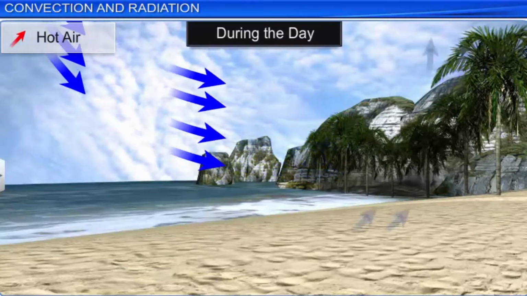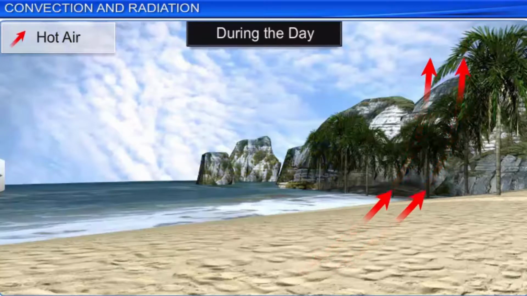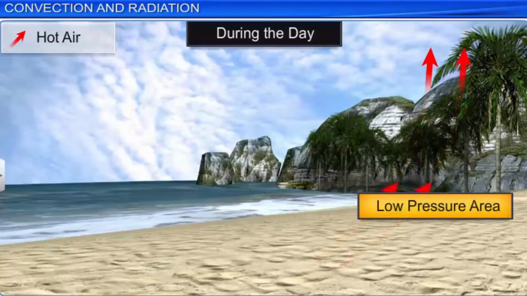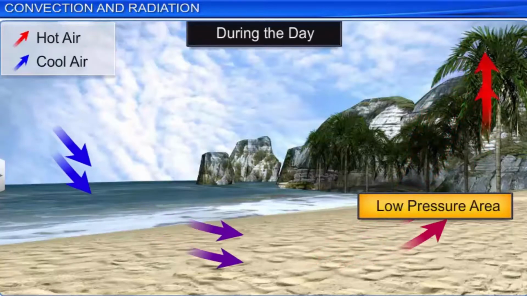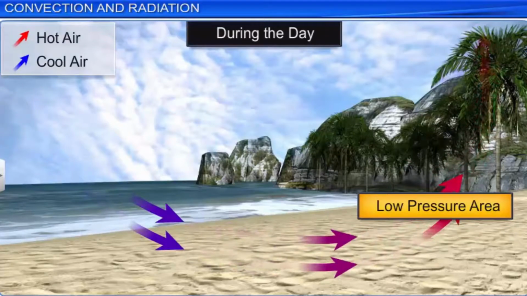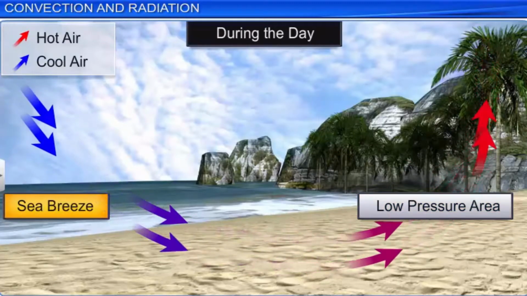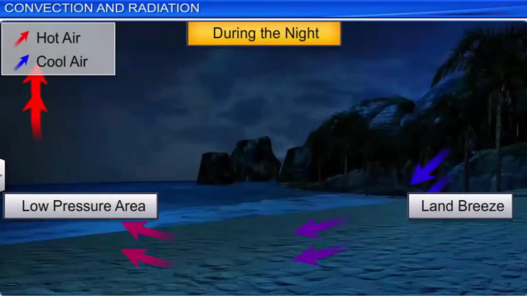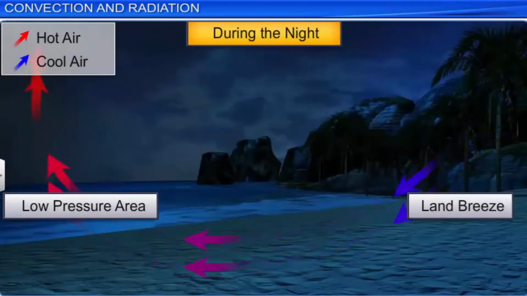As a result, the air above the land becomes hotter and moves up, creating a low pressure area. Now, the air above the seawater moves towards the land and forms the sea breeze. During the night time, exactly the reverse process takes place. Air moves from the land to the sea. This is known as land breeze.